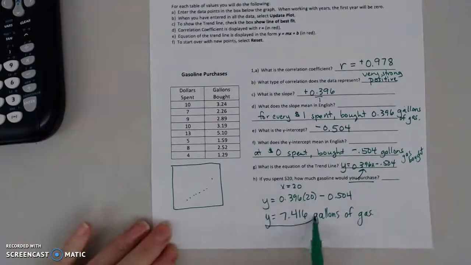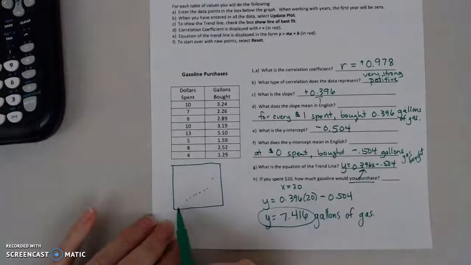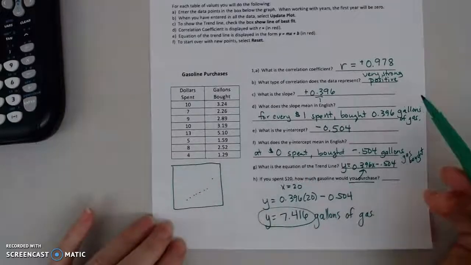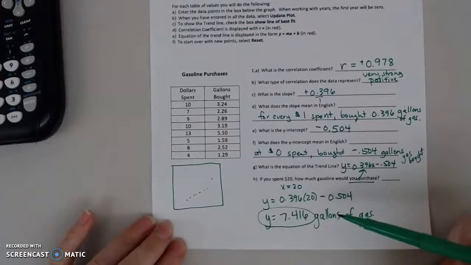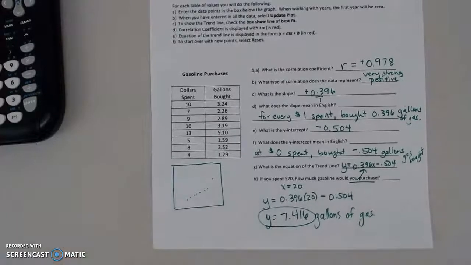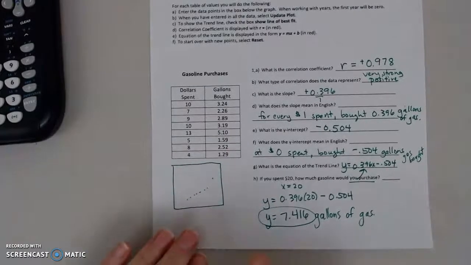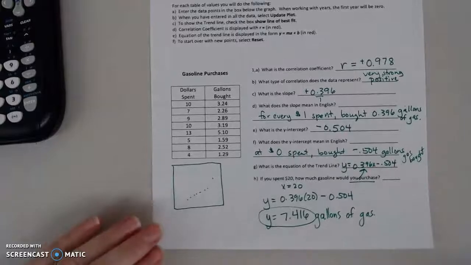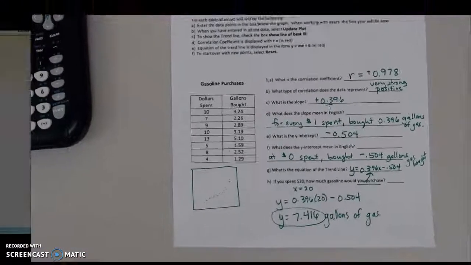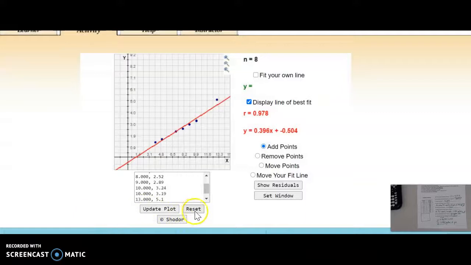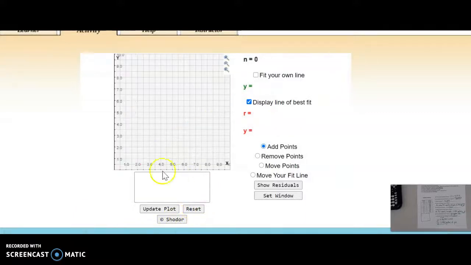If we plotted that on our graph, because our correlation is really strong, it's going to be pretty accurate. Not exact, but a pretty good indication. All right, to reset your data for your homework, you'll just hit the reset button right down here, and then it starts over.